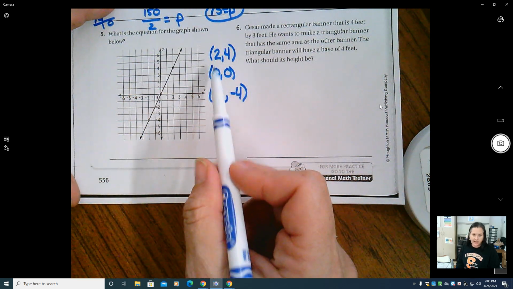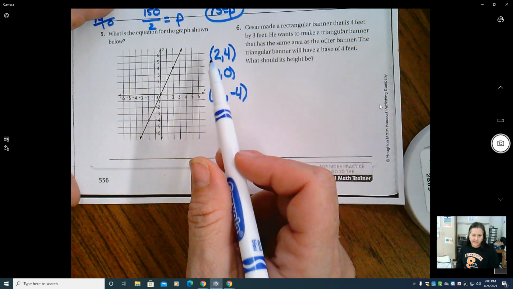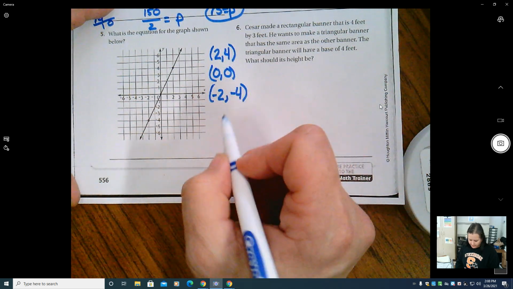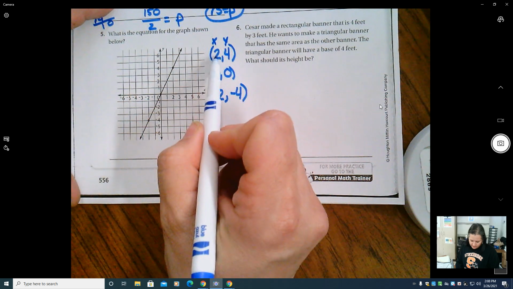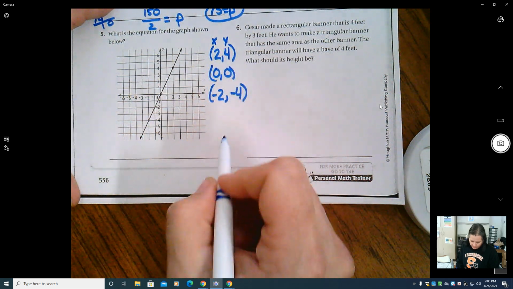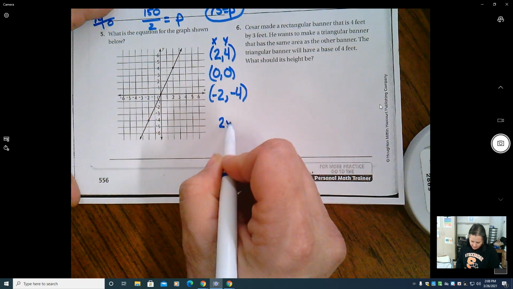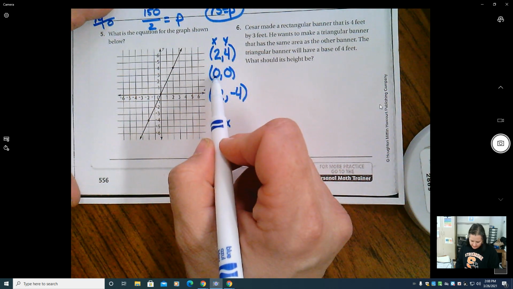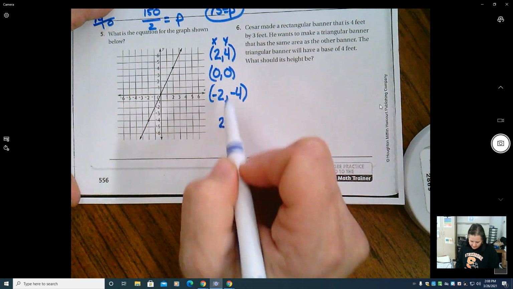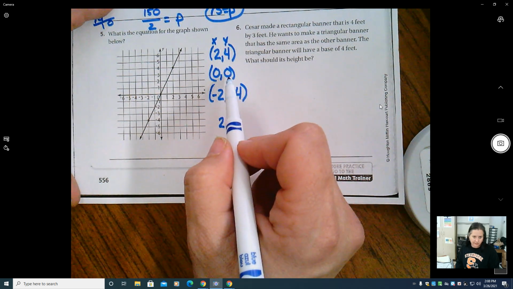Let's look at what we are multiplying our x coordinate by. Here, x and y: 2 times 2 is 4. So if we multiplied 2 times x, that would give us 4. Let's try this one: 0 times 2 is 0. That would work by multiplying by 2.